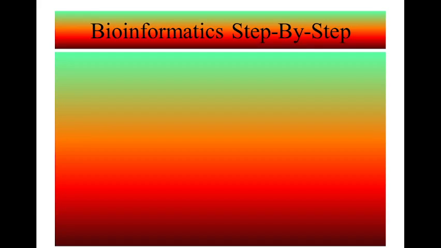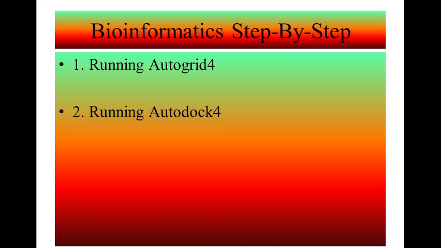Running the AutoGrid and launching the AutoDock simulation will be demonstrated in two steps. In this step, grid maps will be generated that will be used in performing the docking. Here I will show you how to initiate and complete the docking.